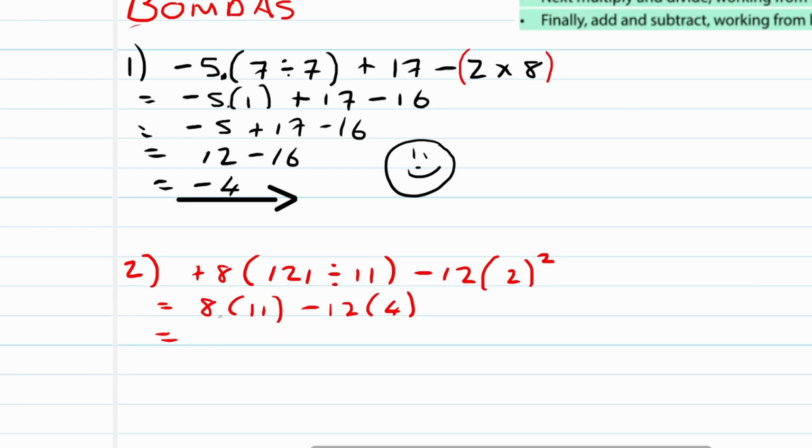And now we have two multiplication terms and a minus in between. So 8 times 11 is 88. Minus, and then 12 times 4 is 48. Therefore, we'll end up with 40.